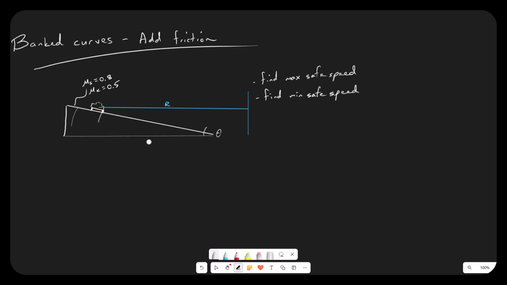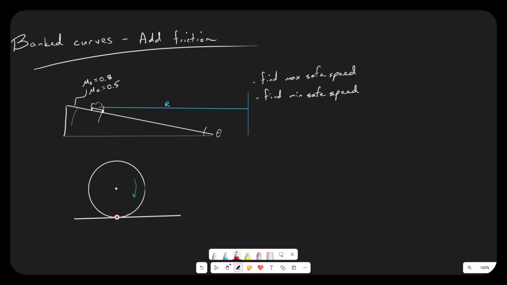With any sort of a rolling situation, and we are rolling because a car is on tires, right, we do need to think about what kind of friction we're going to use. If this is my wheel, as the wheel turns, if I look at a specific spot on the wheel, that spot is going to come into contact with the ground.